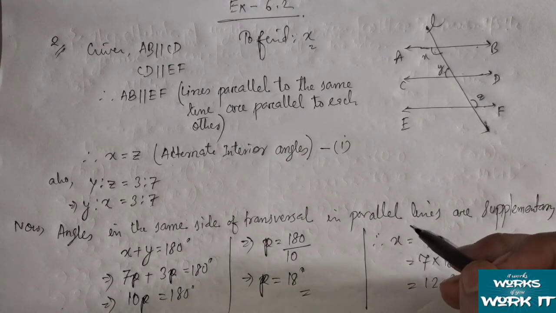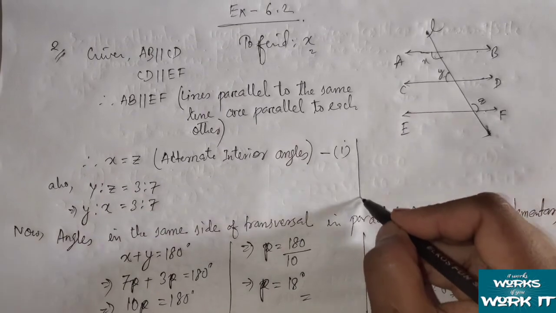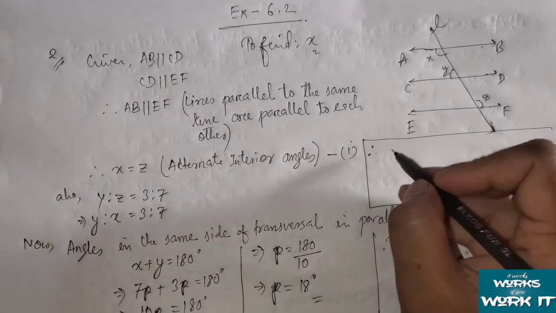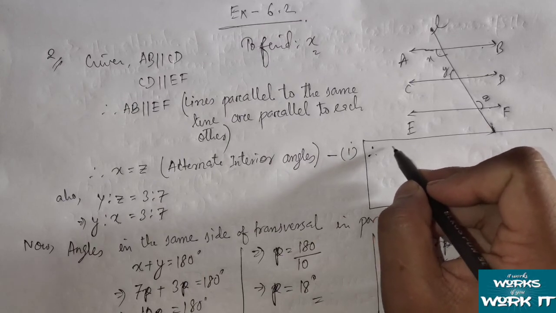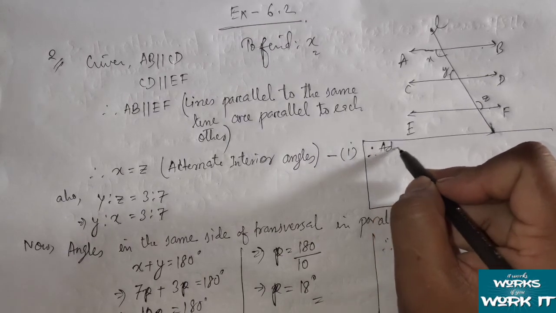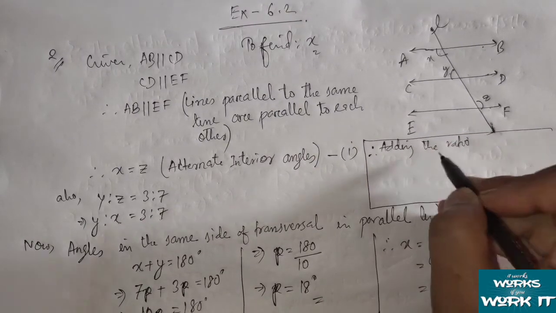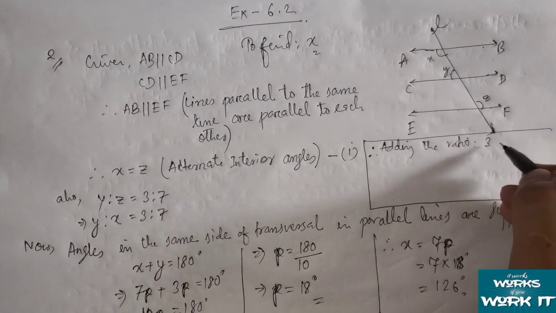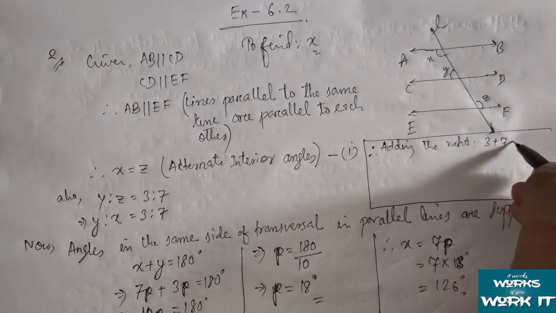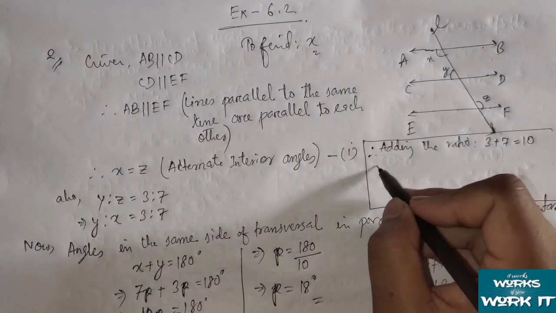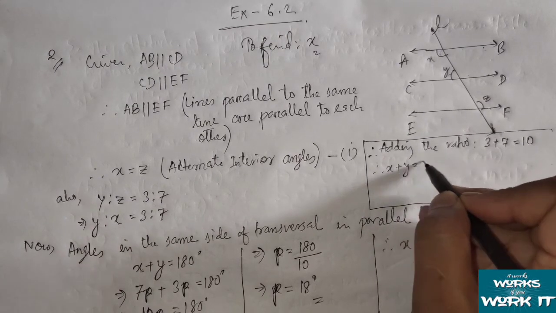Or you can use the other method I'm writing here. First you can add the ratio. What is the ratio given here? 3:7. So I'm adding that, equal to 10. Now we know that X plus Y equal to 180 degrees.